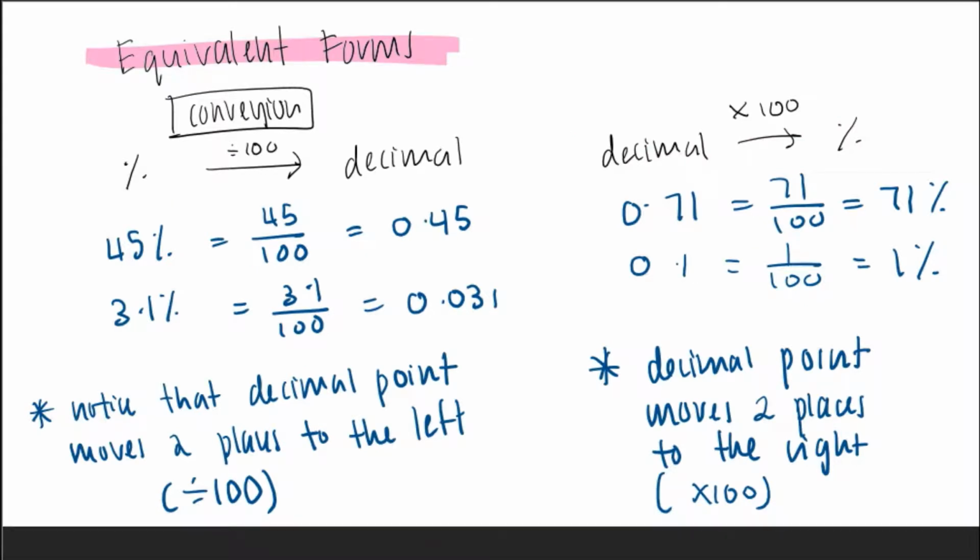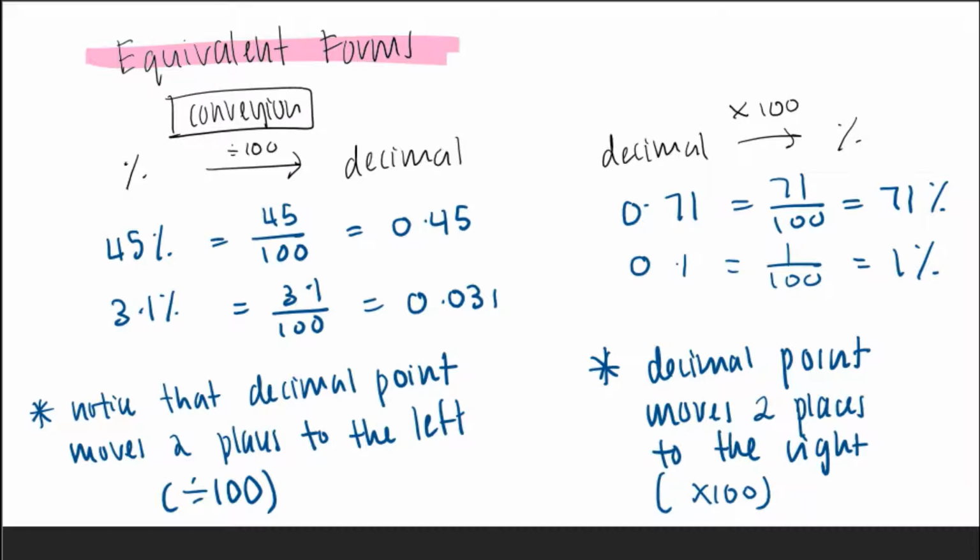Equivalent forms. We are going to convert percentage to decimal and percentage to fractions. So percentage to decimal, you divide by 100, and from decimal to percentage, times 100, because percentage is a fraction with a denominator of 100.